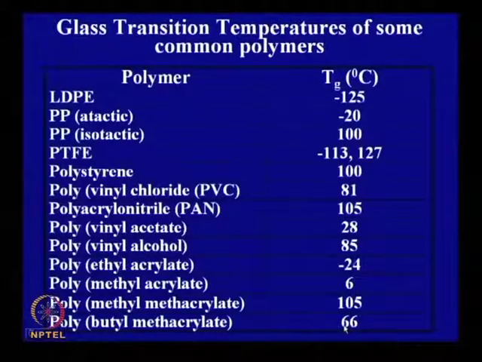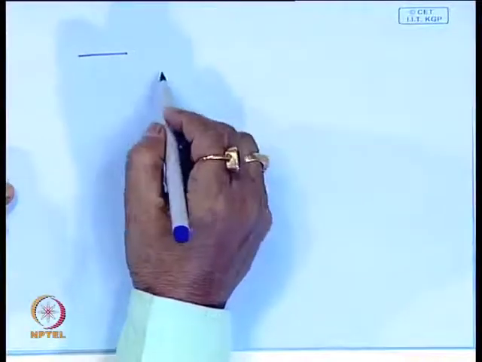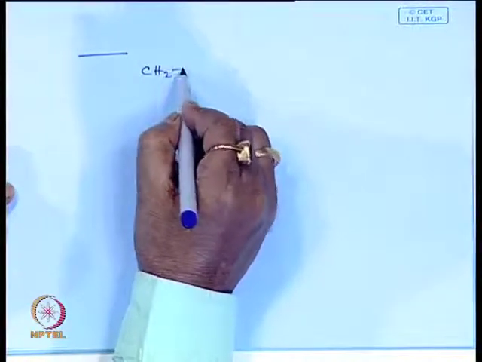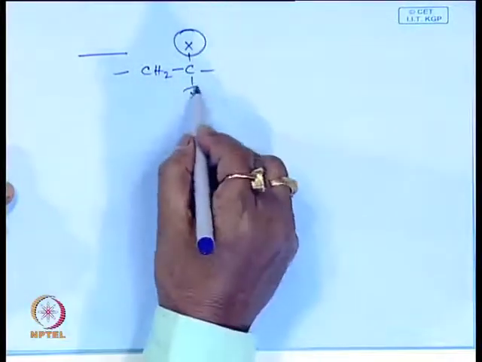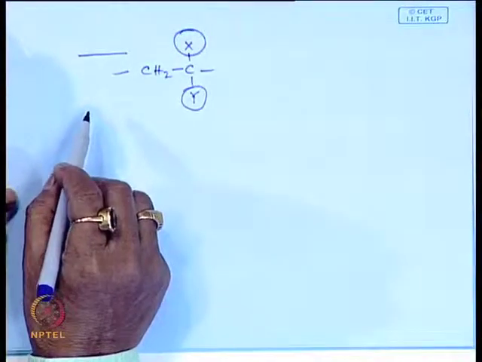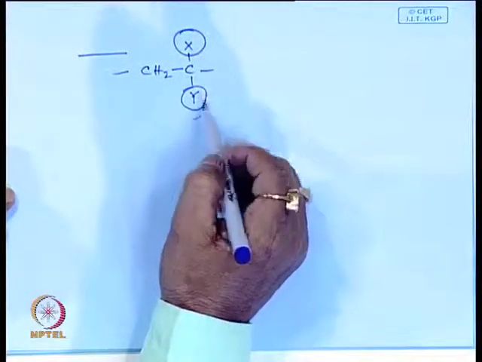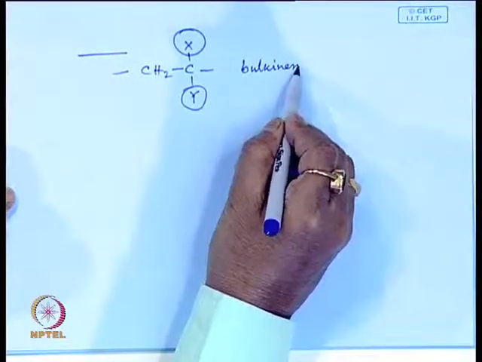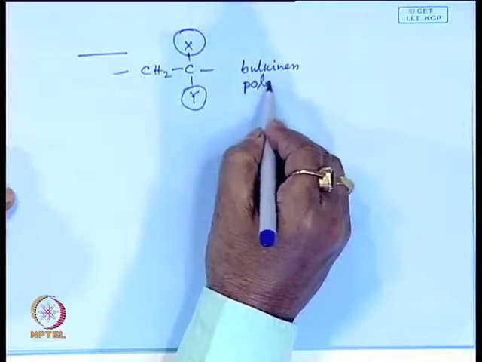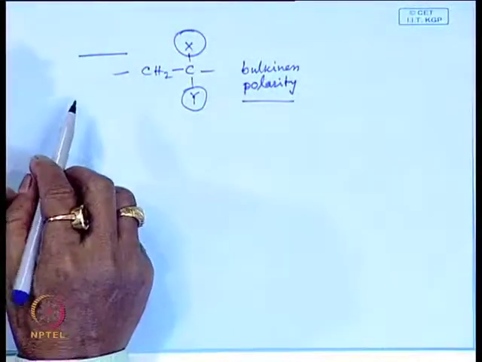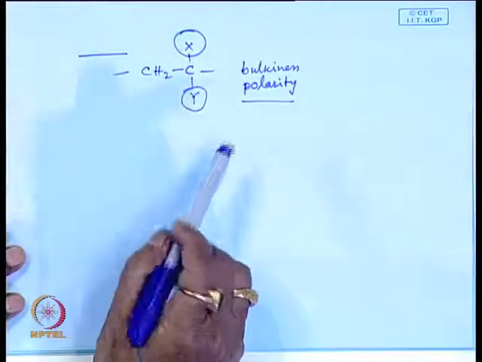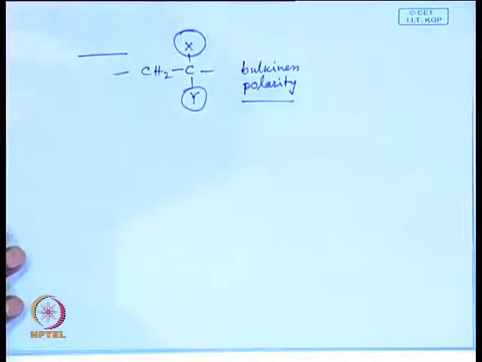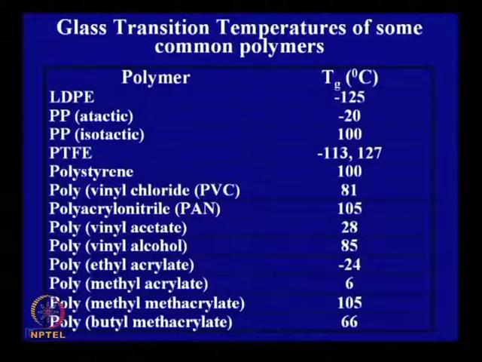That means, the substitution on the polymer chain, these substitutions alter the glass transition values depending on their bulkiness, on their polarity, etc. That means, if you correlate this with cohesive energy density along with this bulkiness, then you can correlate how the Tg properties are varying.